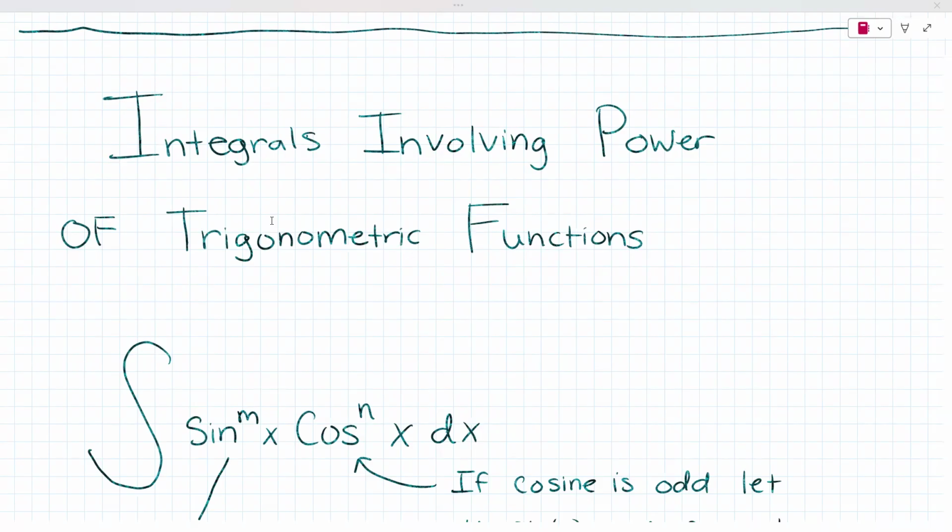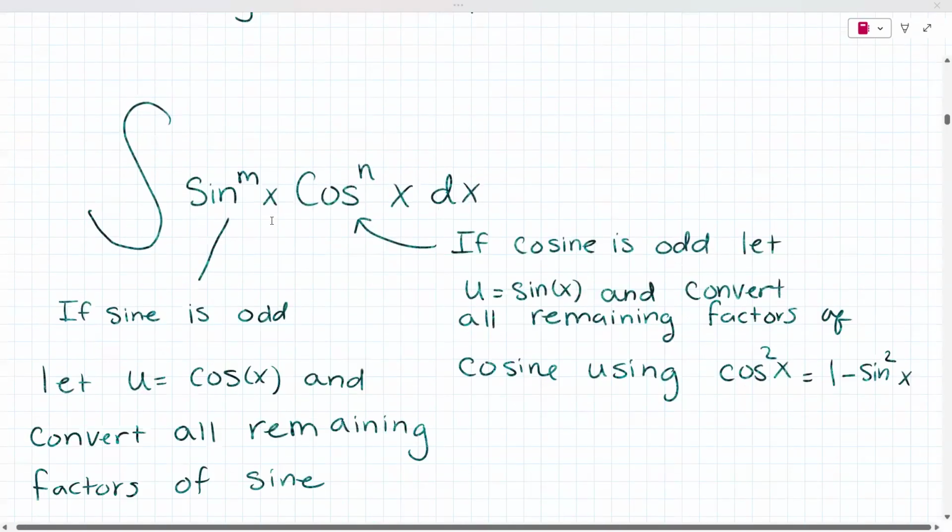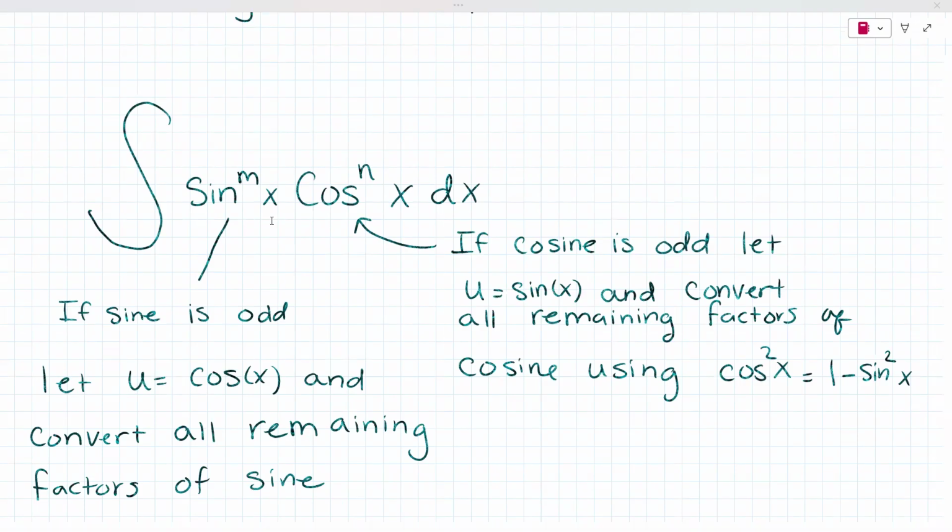reviewed some identities. Now let's go over integrals involving powers of sine and cosine. So let's say you had a problem where you have an integral with a sine and a cosine, right? And you have different degrees.